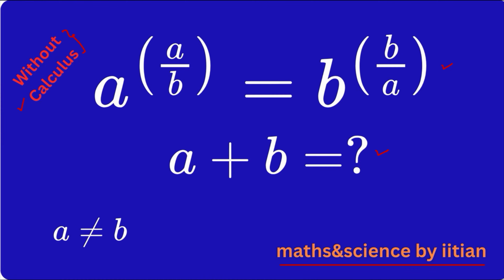Here we have to find a plus b, wherein a to the power of a by b is equal to b to the power of b by a, without using calculus, when the condition is given that a is not equal to b.